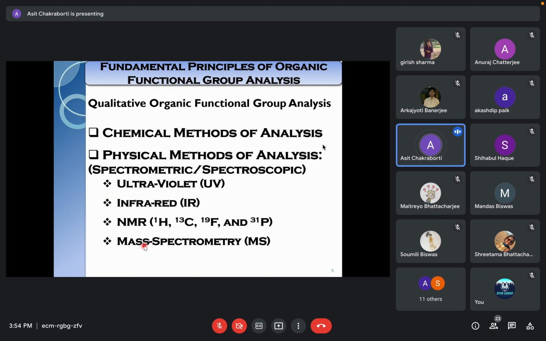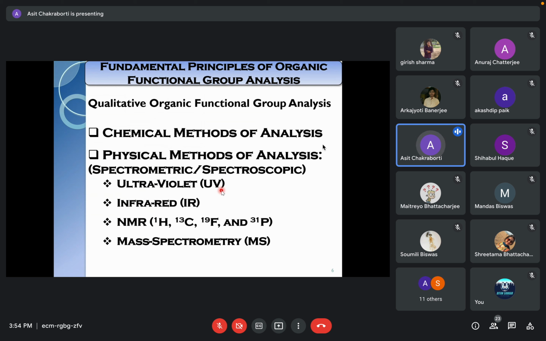All these techniques except mass use electromagnetic radiation, and electromagnetic radiation means you are going to use photons. Out of these three techniques, only UV has the scope to measure how much energy we have given to the analyte and how much energy has come out, so naturally how much energy has been consumed.